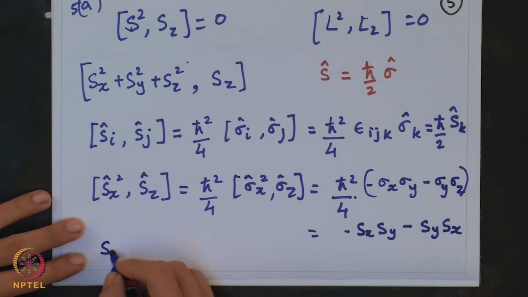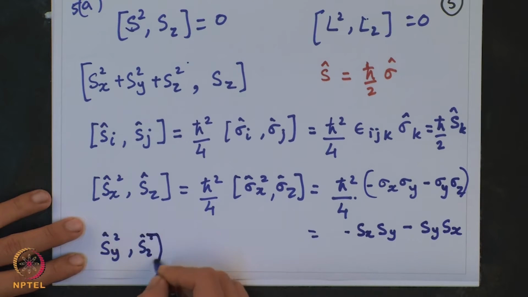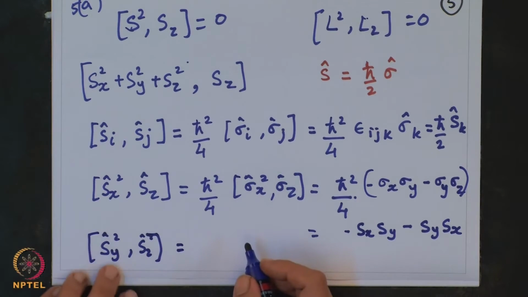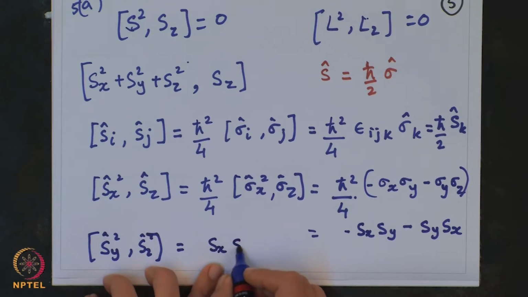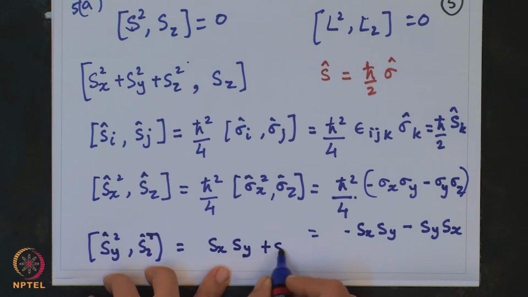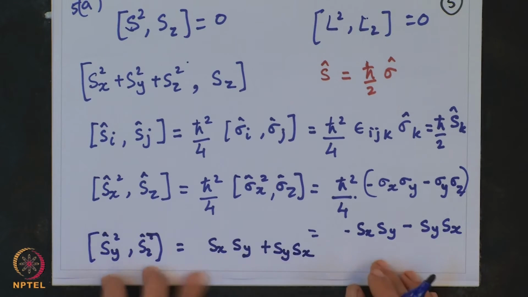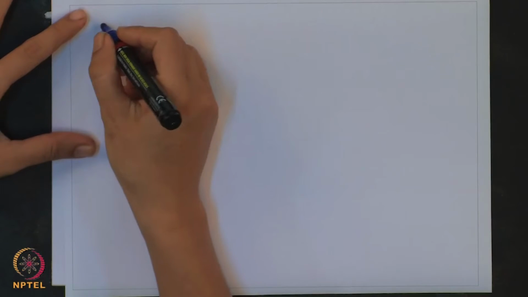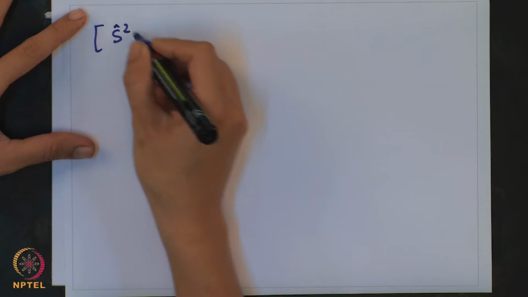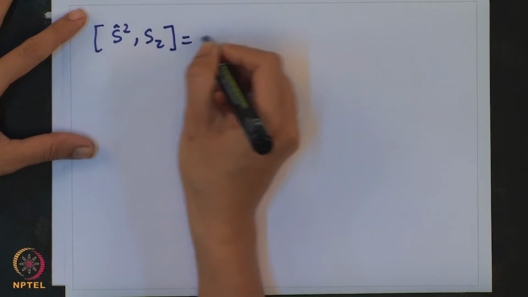And what do I obtain for Sy square and Sz? Now you have y z, so you will obtain Sx Sy plus Sy Sx, and for Sz square with Sz, you know the commutator is 0. So, when you add these, the final answer is that the commutator of S square with Sz is 0.